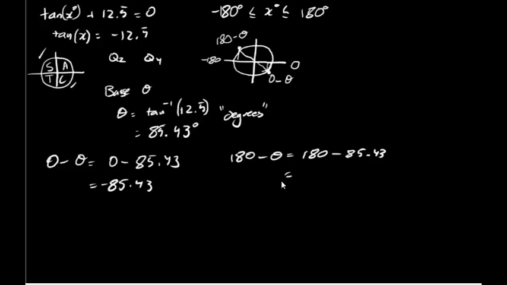And if we work that out, we get minus 85, oops, no. Sorry, it should be 94.6. So they're my two solutions for x.